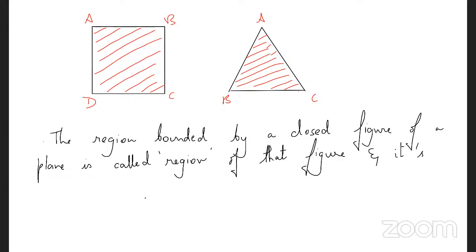When we are calculating the measure of this region, we call that area. Its measure is called area of that closed figure.